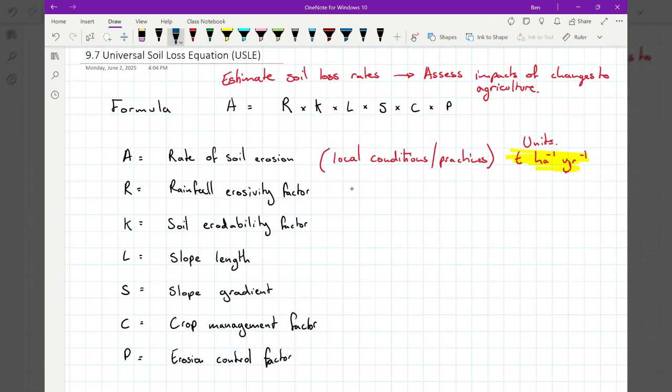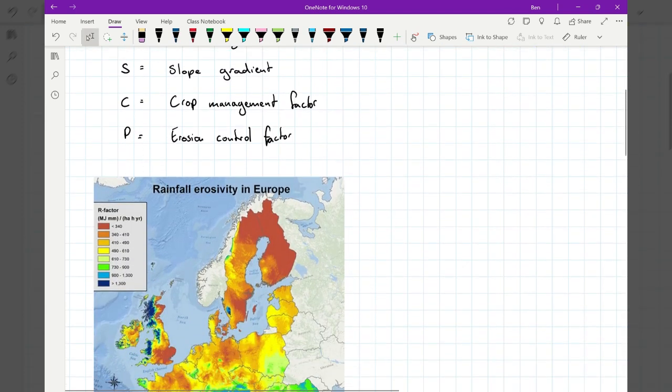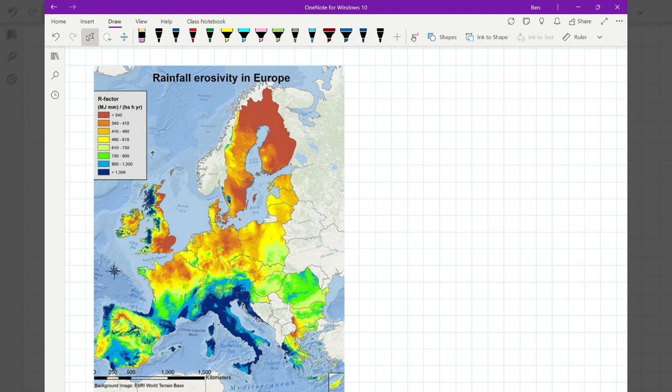So this is dependent on the time that we have rain falling, so how long on average per year it is raining, the intensity, and the frequency of rain. Is it just a gentle drizzle, or a heavy downpour? Is it all the time? Is it only occasionally? And we can get this value from centrally held databases like this, which give us our R factor.